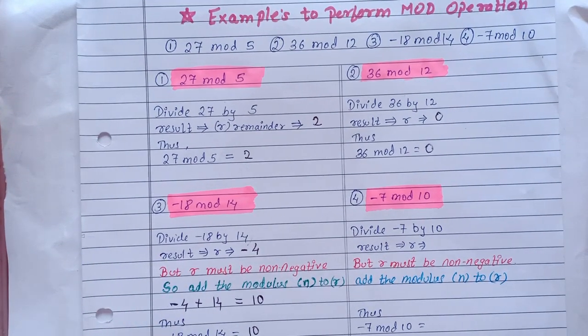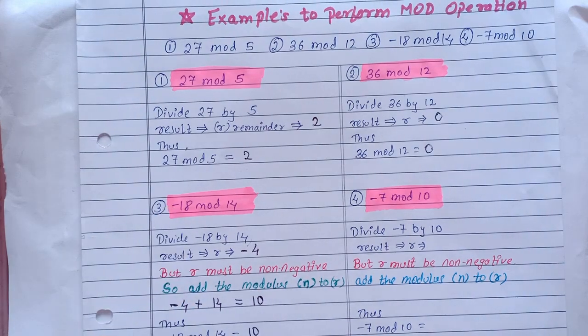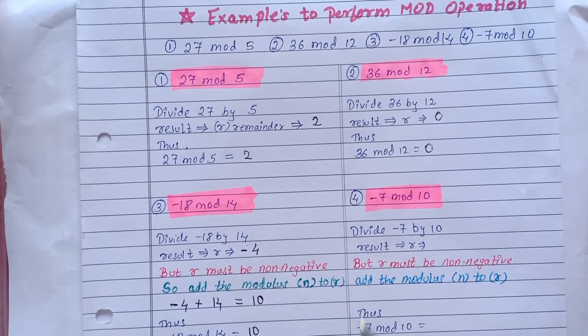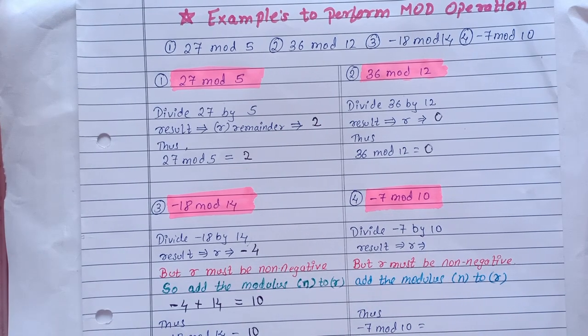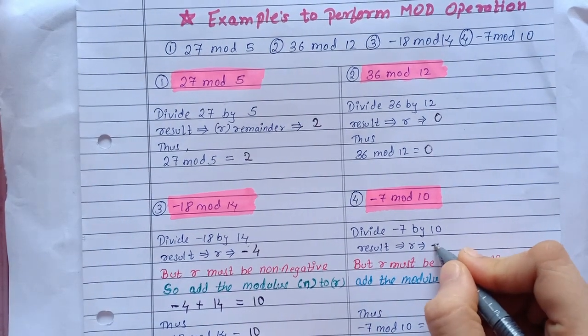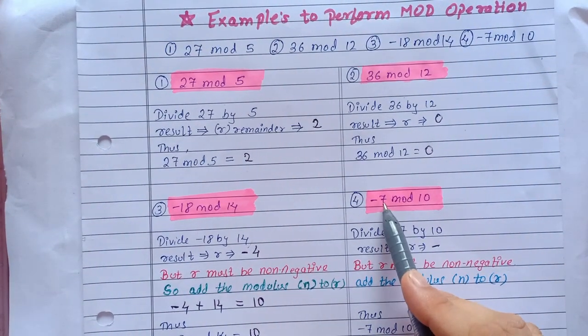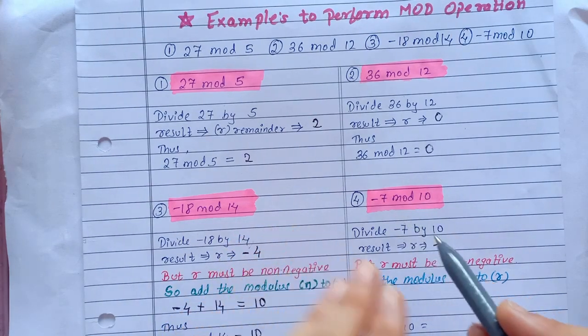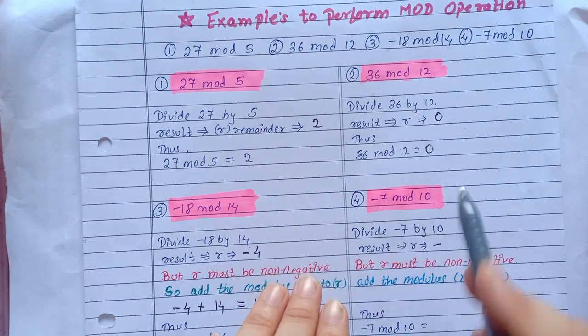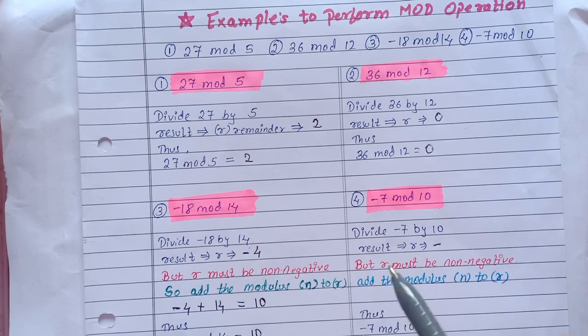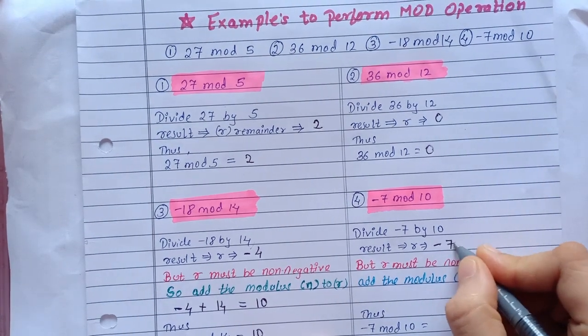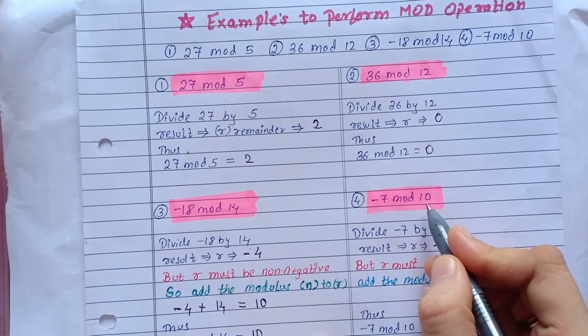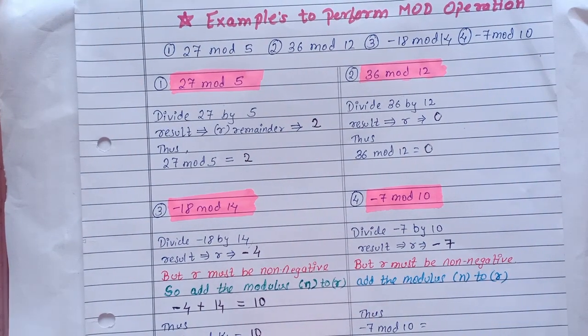This way you have to do all the terms with the negative sign. Again, minus 7 mod 10. Write the minus sign, then 7 mod 10, the answer will be 7. Since this term is smaller than this, it comes as it is.